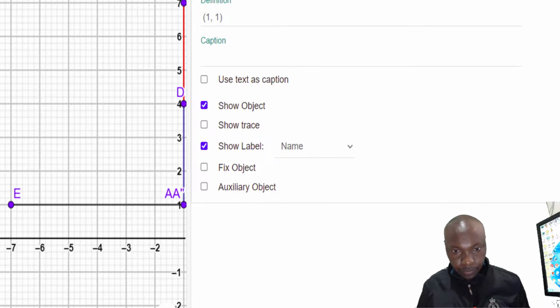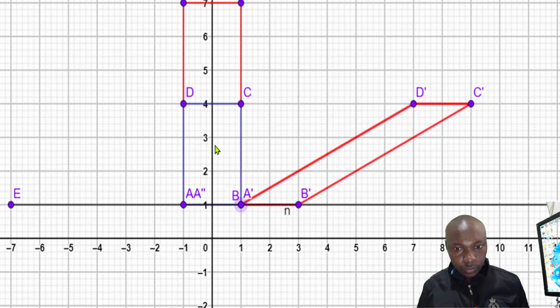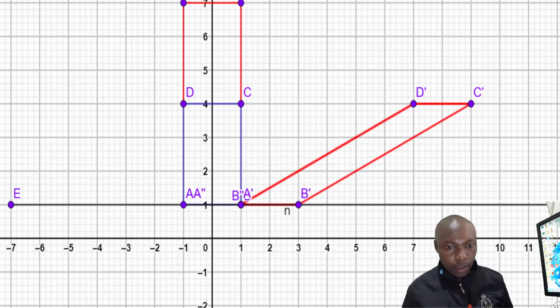Let me rename it when I'm here. So yes, there it is. Now you can see it well.